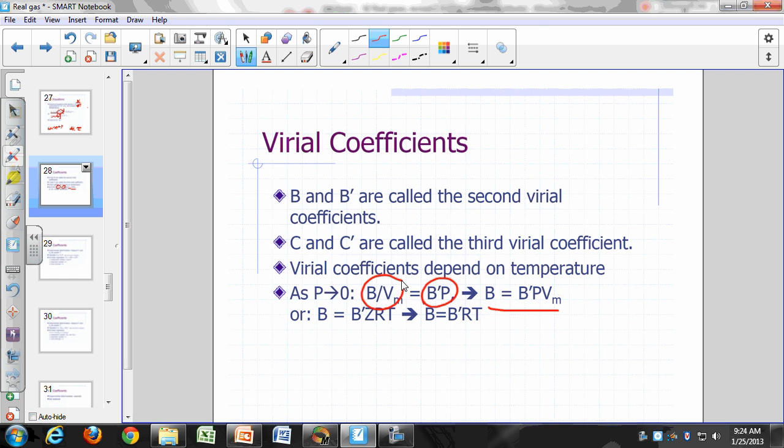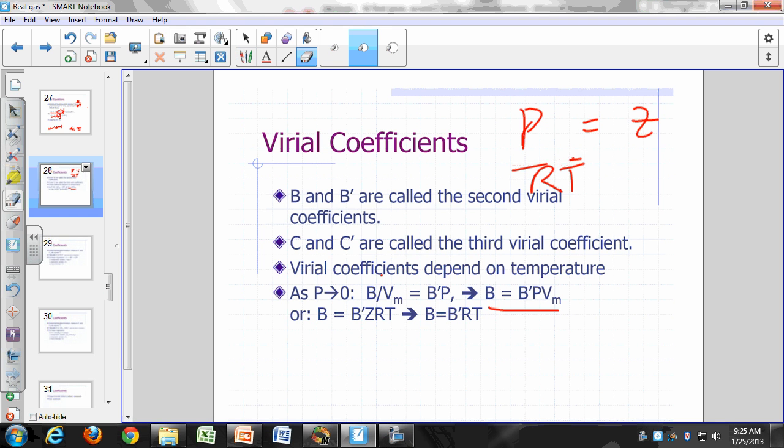Can you see that? All I did here was move the molar volume to the other side. And pressure times molar volume over RT is just equal to Z, since molar volume is V over n.